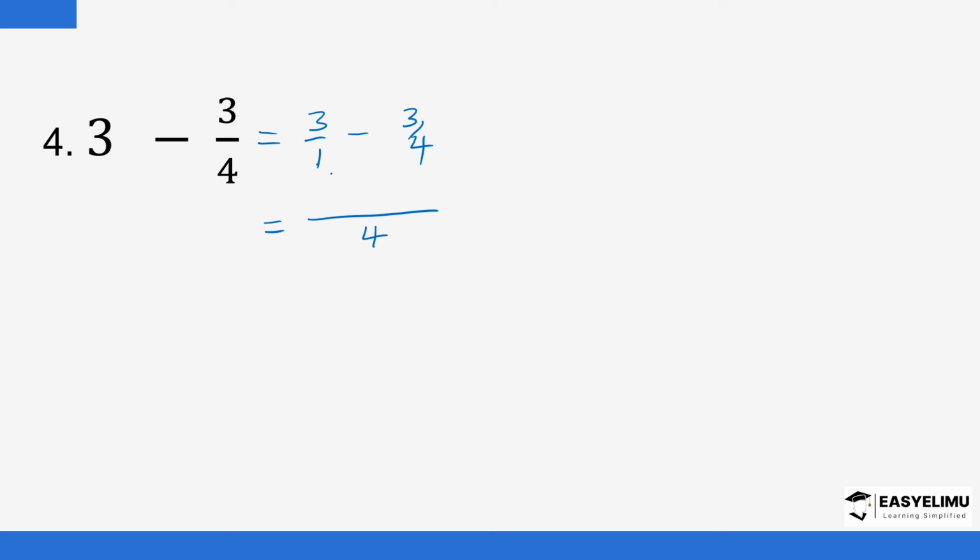So 4 divided by 1 is 4, and 4 by 3 is 12. Minus 4 divided by 4 is 1, and 1 by 3 is 3. So this again gives us 9 over 4, an improper fraction. You cannot leave your answer in that form, so you break down the numerator into components of the denominator. You keep adding 4 until further addition would lead to a number more than 9.